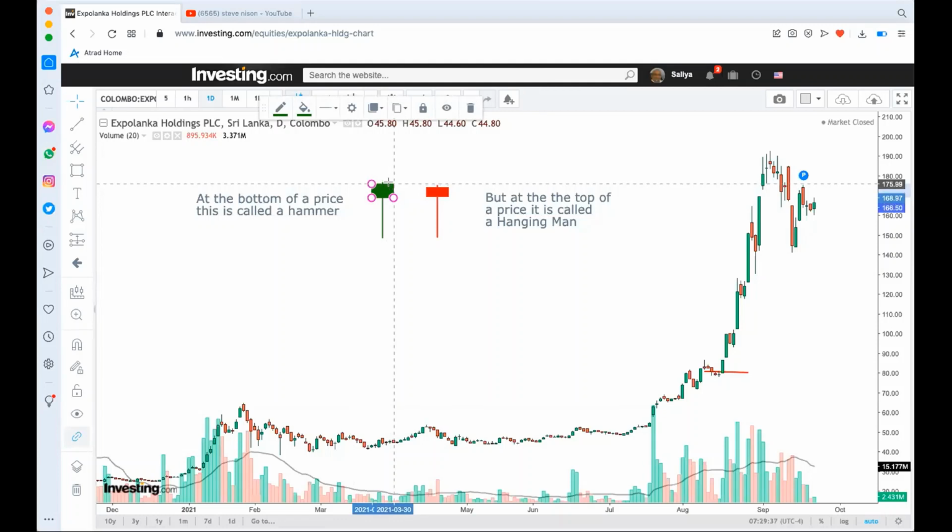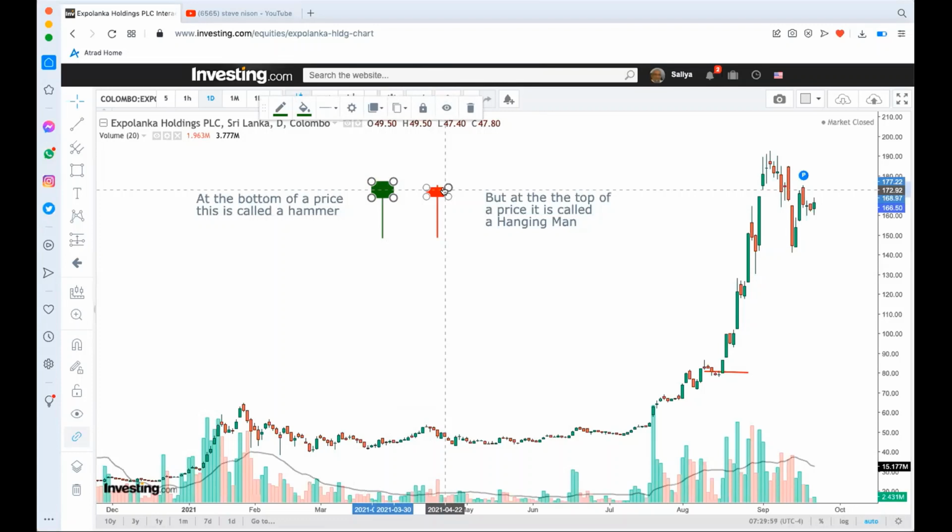But what is the difference between a pin bar and a hammer? We'll be talking about the others. Pin bar and hammer, what they say is that there is no difference between the two, it's just a name change.